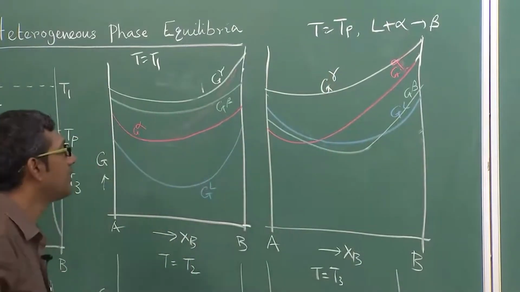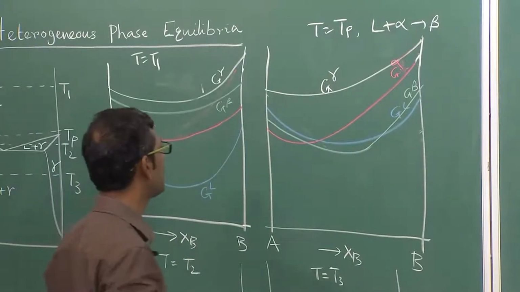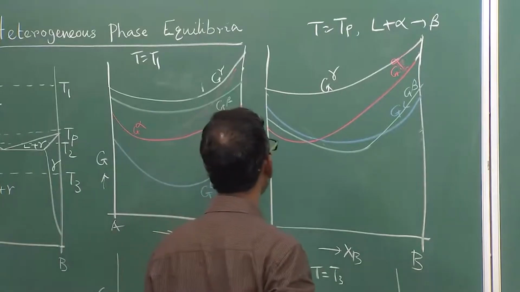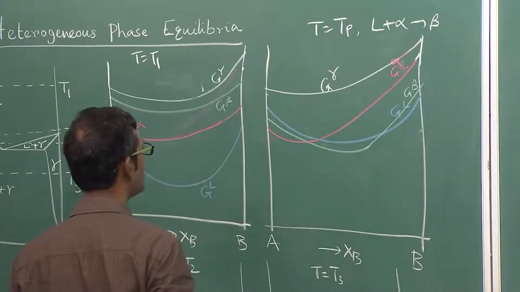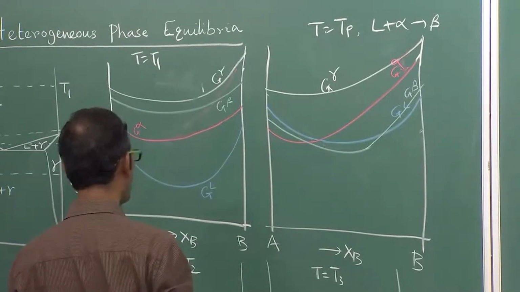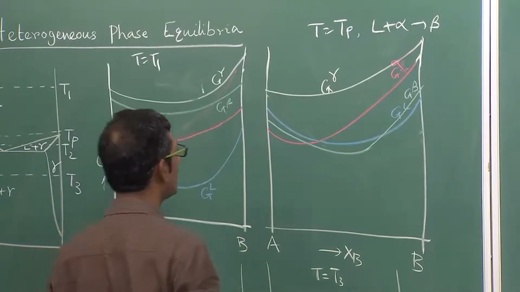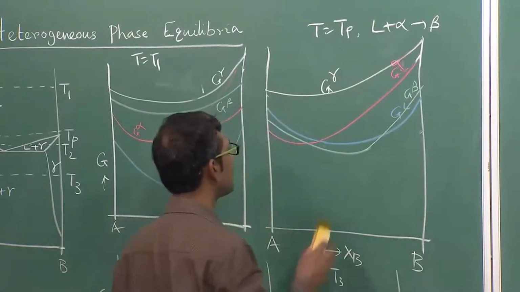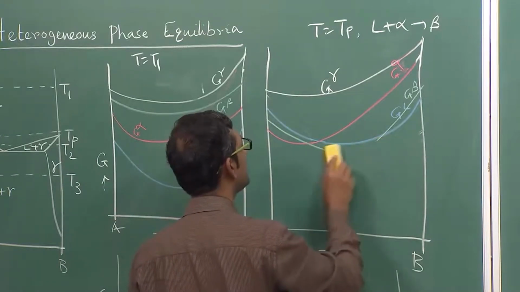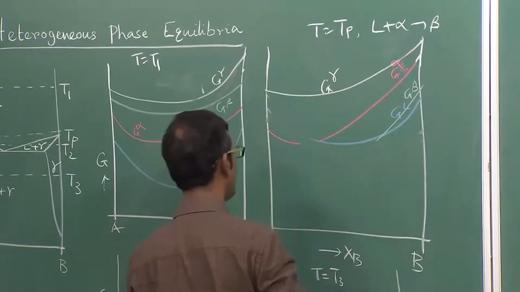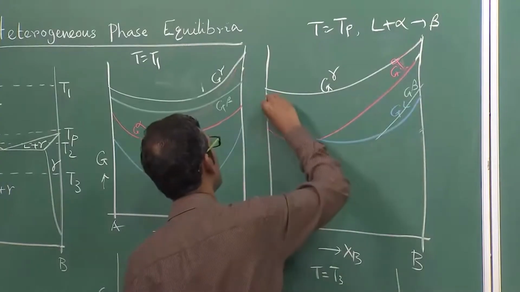Fine. So because there is a crossover, we need to draw tangents between these curves. So first thing we will draw a tangent between 3 curves. So as you clearly see, it is difficult to draw a tangent between 3 curves. So what we should do, we should basically move up this curve a little bit, then you can draw it. Otherwise it will look bad.